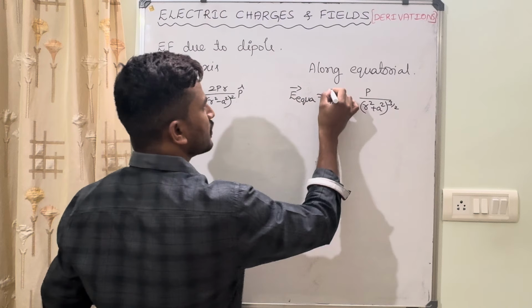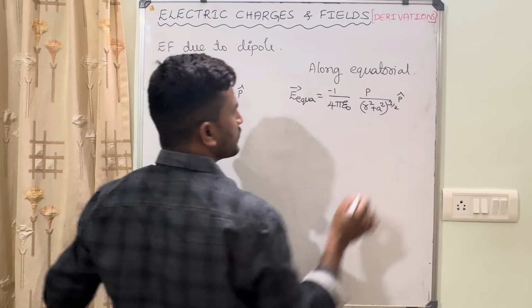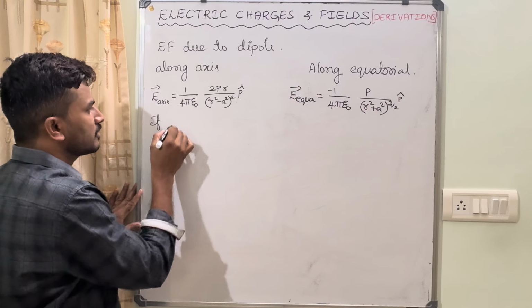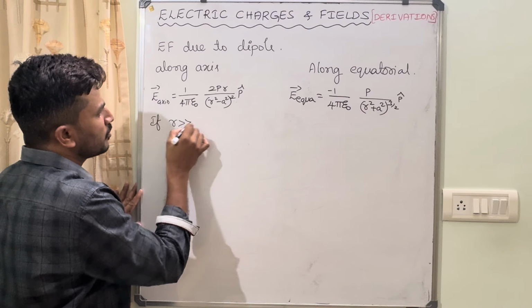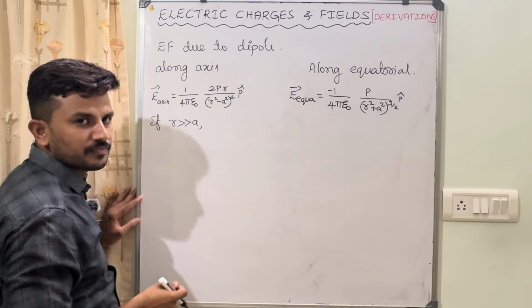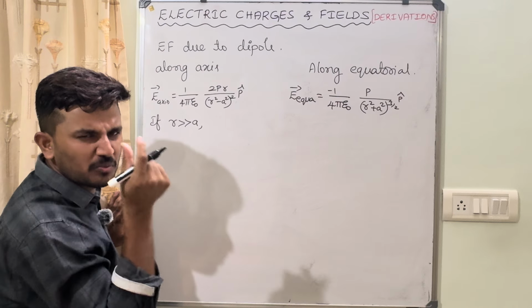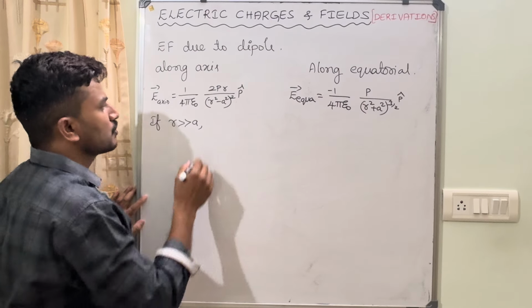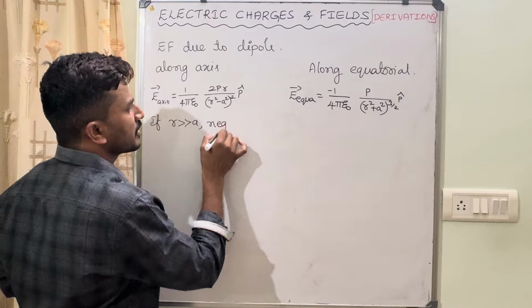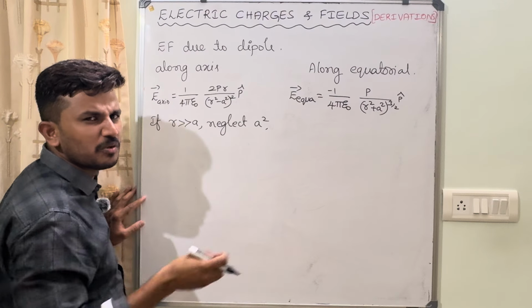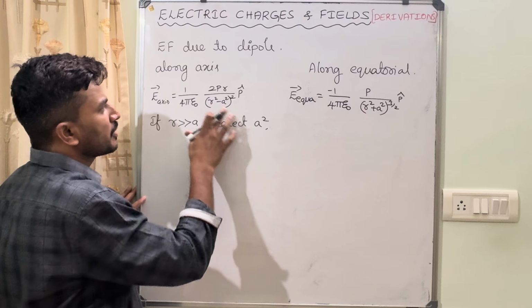In vector form, you will get minus p cap here. Yes or no? If in case of simplification, r value is so much greater than a, what we have to do is neglect a. 2a is the dipole length, it will be very small, and its square will become very small. So we have to neglect a square, because a square value will be very less compared to r.